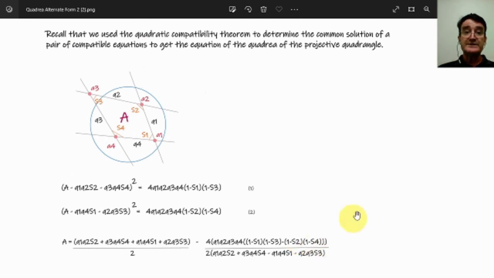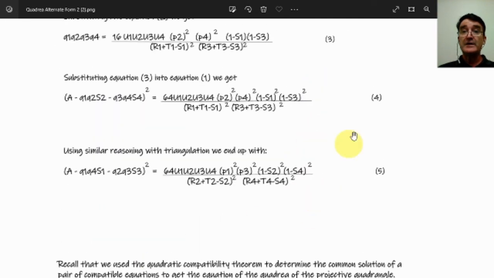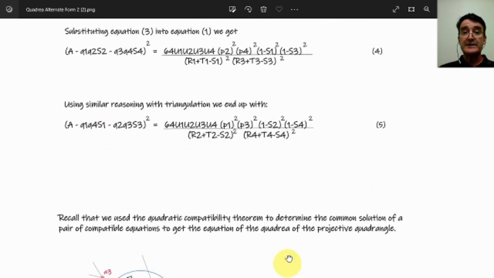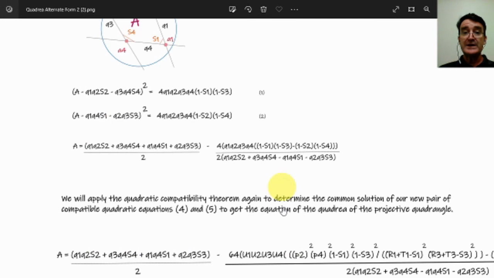So if we do the same thing now with our equations 4 and 5, which are compatible quadratic equations, we're going to apply the quadratic compatibility theorem to them.